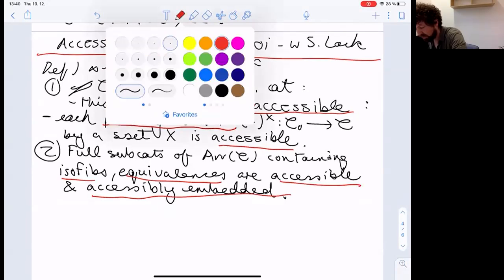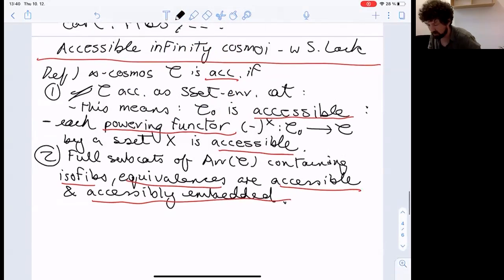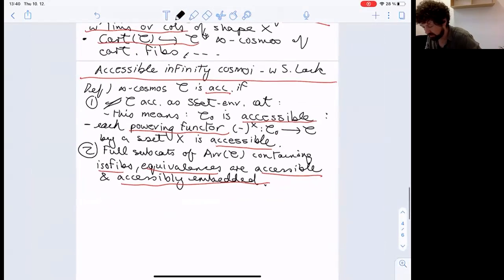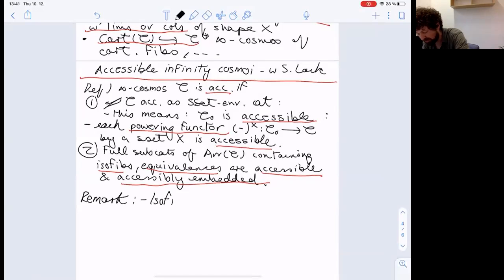And so why do we want these additional properties? Why do we need these extra things in 2? Well, the first observation is we want our notion of accessible infinity cosmos to be stable under the various constructions that I indicated last time, because we want there to be lots of accessible infinity cosmoi.